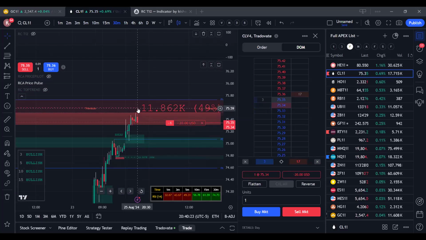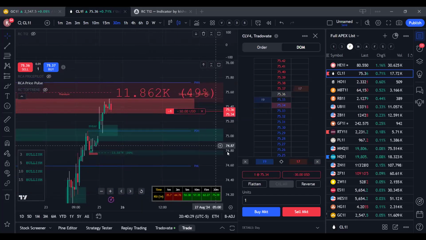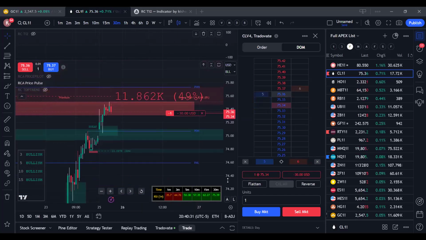Even if it goes a little bit above also, it will start dropping. If it goes and touches this area, that is the best time. 75.6, 75.7.